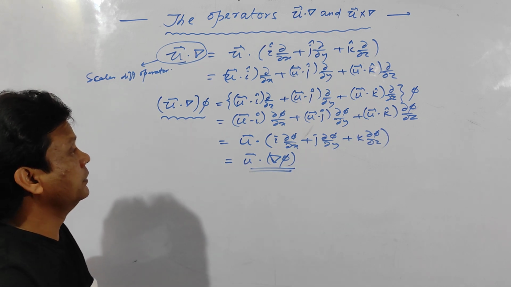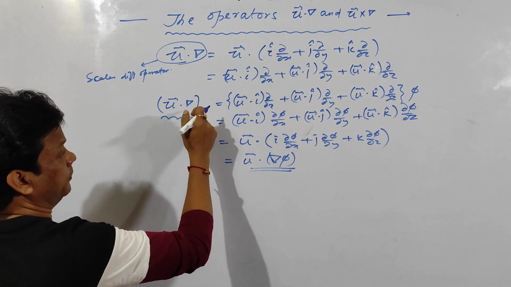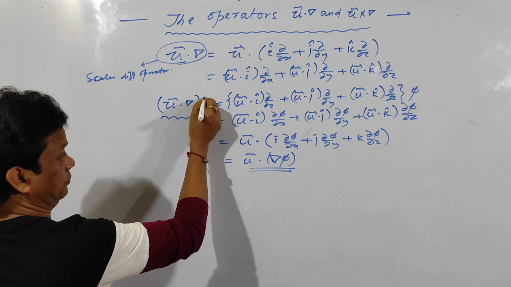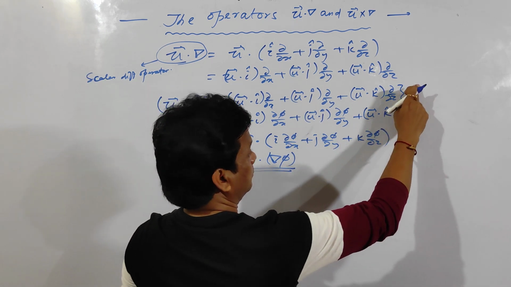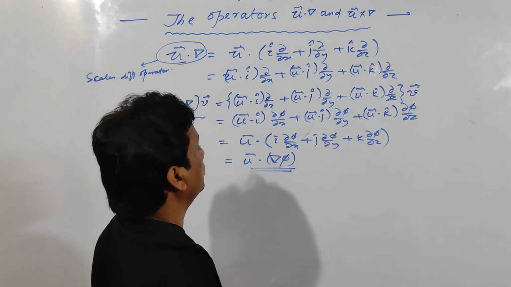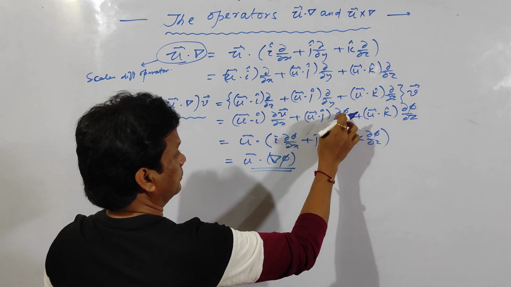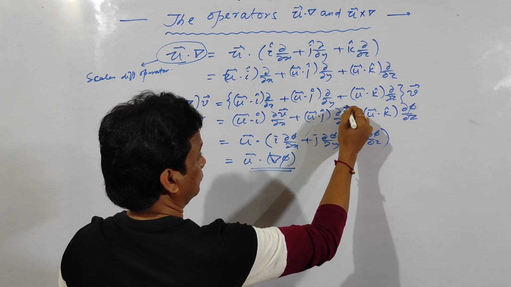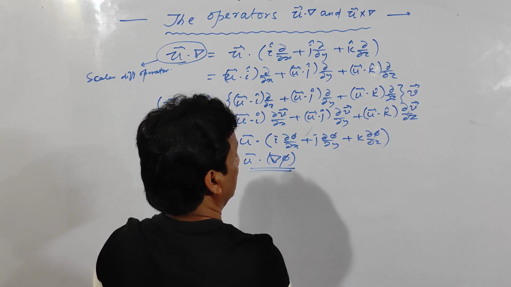See here, if I take this with a vector point function v, then in place of phi, it will become v vector, like this.